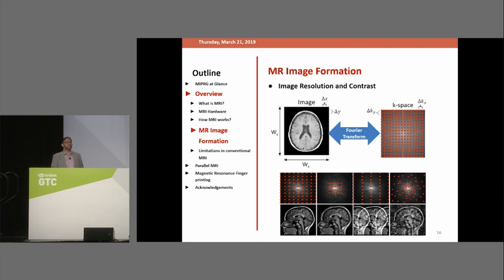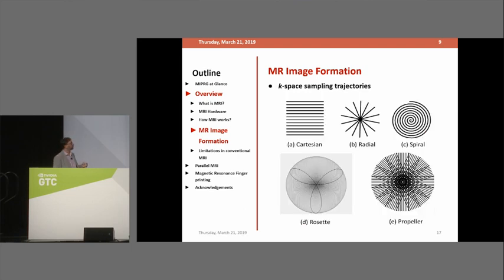Different types of sampling techniques, as shown at the bottom, give different types of artifacts. If the undersampling is very regular, then the artifacts are different. If it's random, the artifacts we see are different. If we fulfill the Nyquist criteria, then we don't see any artifacts. So it's very relative to how many samples we are acquiring and with what pattern.